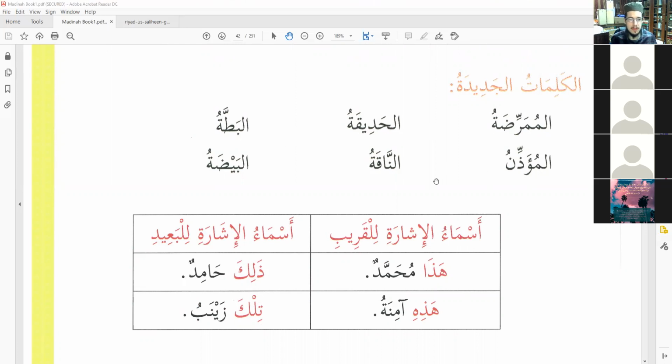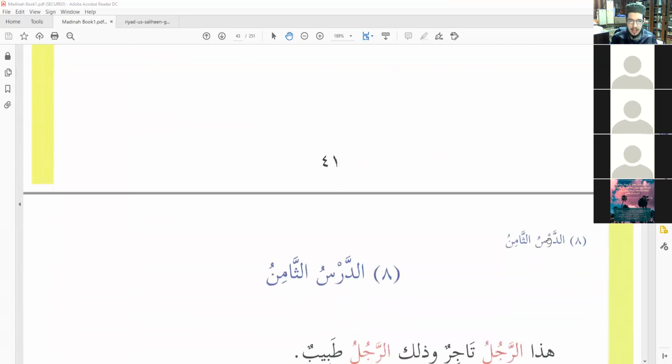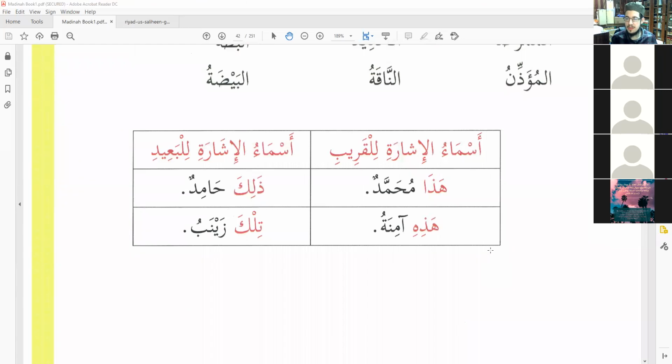Al-Mu'adhinu is the person who gives the call to prayer. An-Naqatu is a female camel. Al-Baydatu is an egg. And this is the main point of the lesson: hada, hadihi, dhalika, tilka. And that means we have completed an entire lesson in one day. Great work. Everybody, great job. Final thoughts, questions?